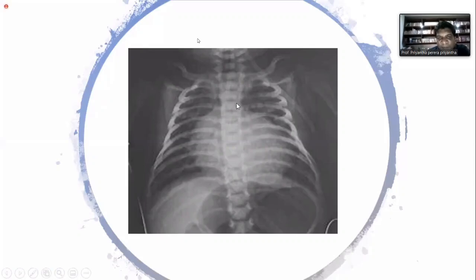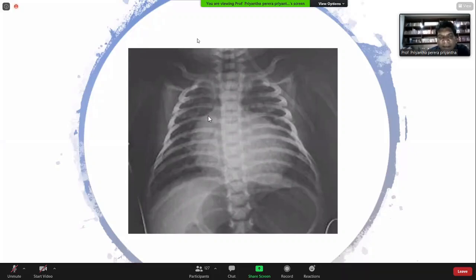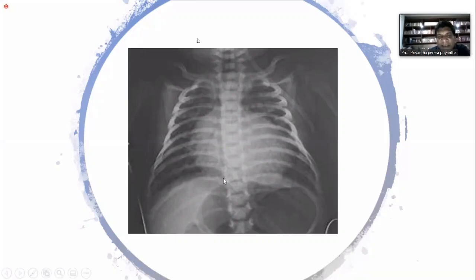Thymus. We saw a big thymic shadow in the earlier X-rays. So the thymic shadow is absent, right? Thymic shadow is absent, and the aorta and pulmonary artery are now sitting in the same alignment, in the AP diameter.